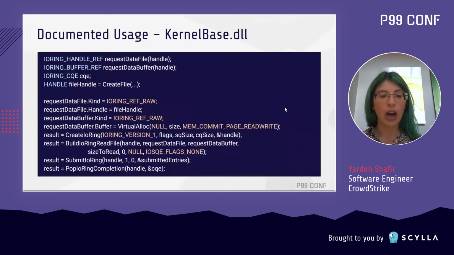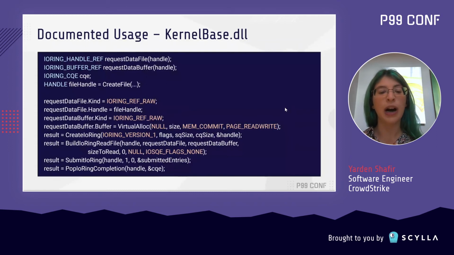You will create an IO ring using create IO ring. Then you will build all the different SQEs using build IO ring functions. Here I just wanted to read one file for this example, so I'm calling build IO ring read file.